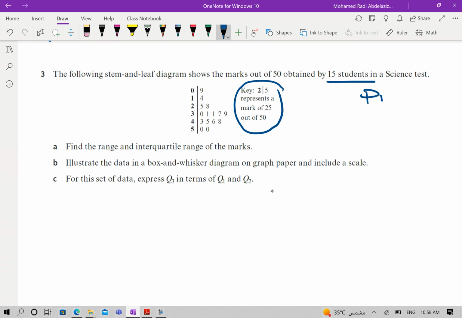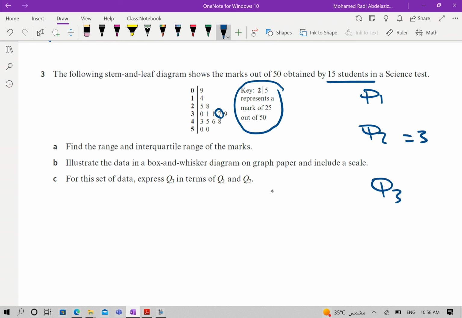And we need to identify 3 values: Q1, Q2 and Q3. Q2 is in the middle. How many values do we have? 15 divided by 2, rounded up, is 8. 1, 2, 3, 4, 5, 6, 7, 8. So the eighth value is 37.